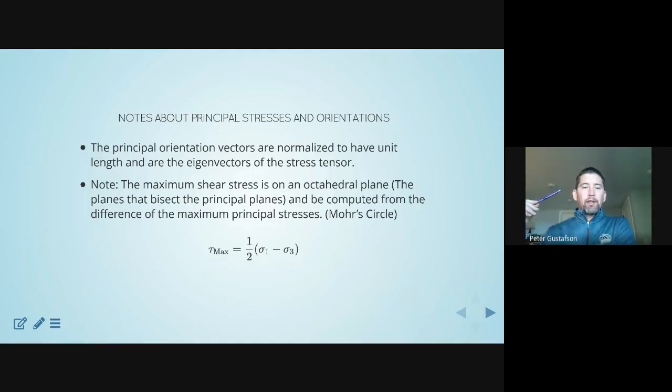The local maxima are on the octahedral planes. Turns out there are 8 of them that are functionally equivalent. They're 45 degrees offset from the principal directions. They bisect the principal planes. That's what that word means, 45 degrees offset. And the maximum of all those shears is going to be (sigma 1 minus sigma 3) divided by 2. That's a magnitude now.